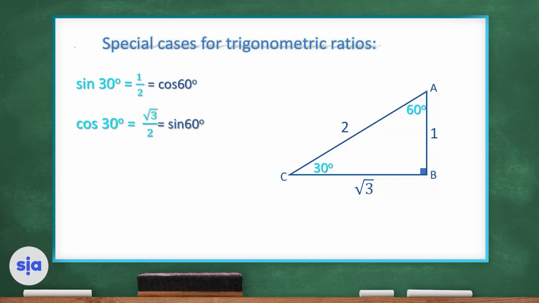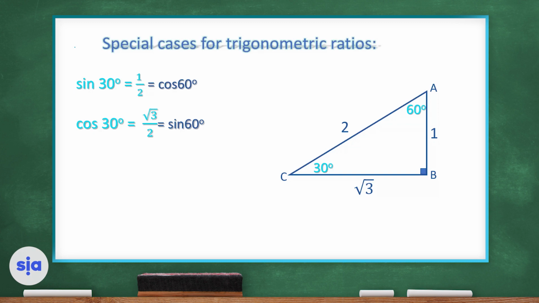In cosine 30, adjacent over hypotenuse, the adjacent side for angle 30 is the square root of 3 over the hypotenuse, which is 2, which is the same as sine 60, which is opposite over hypotenuse, that is square root of 3 over 2.